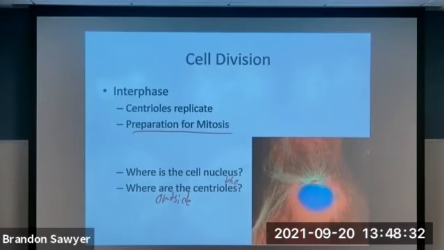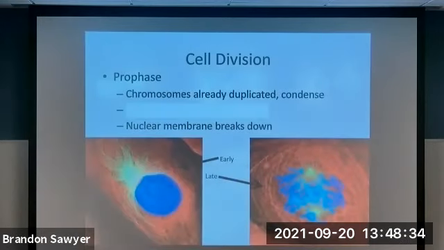Then we're going to hop on over to prophase. There's early prophase versus late prophase. In early prophase, the chromosomes have already been duplicated, so we've got 2 full sets of chromosomes here. Now they're going to condense and become little worm-looking things, which is the way they're going to need to be when we divide the cell.